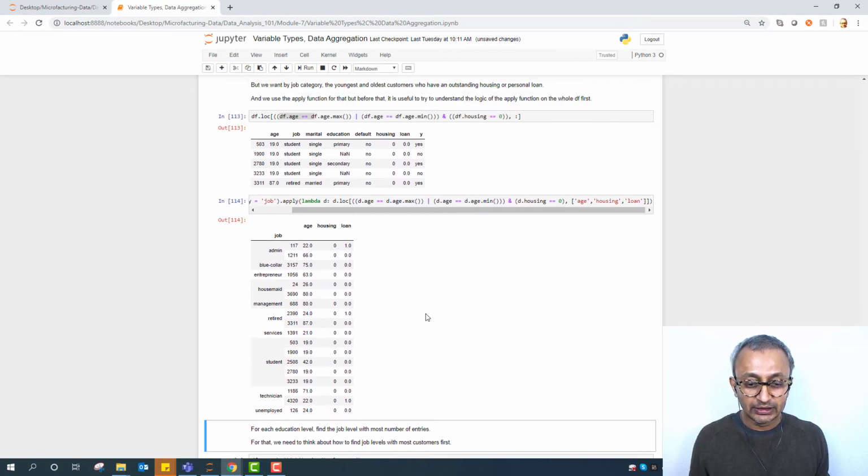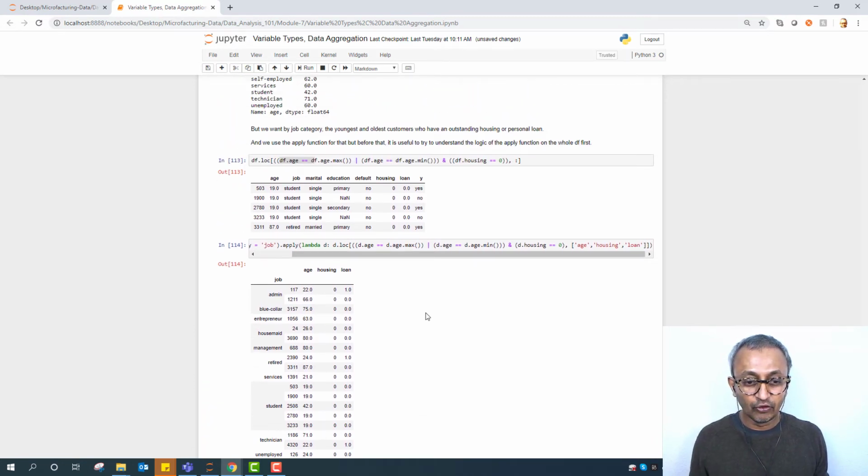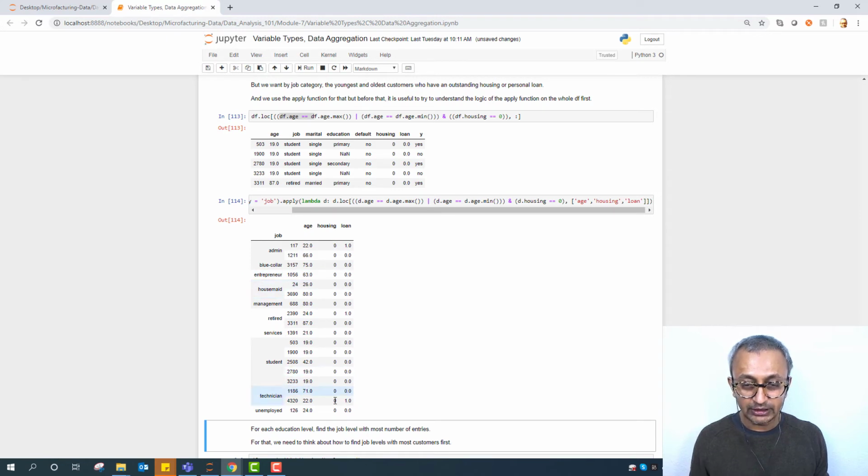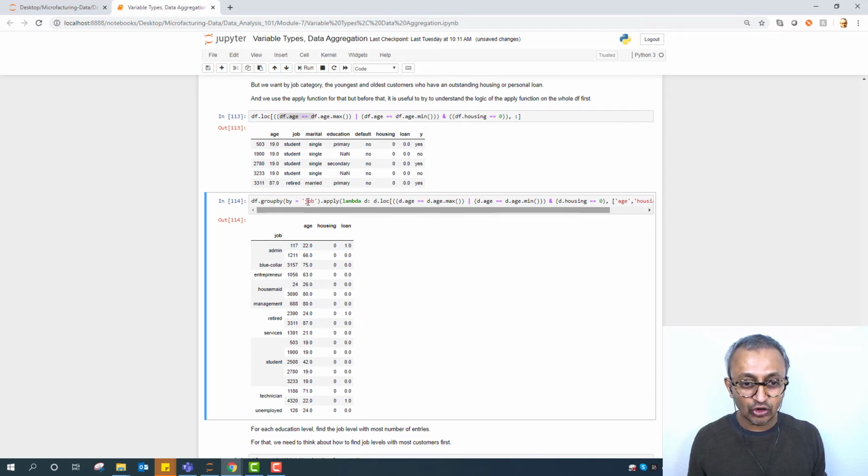So you see folks who don't own a home, because that's what we were filtering by, by job category, you want the youngest and the oldest.